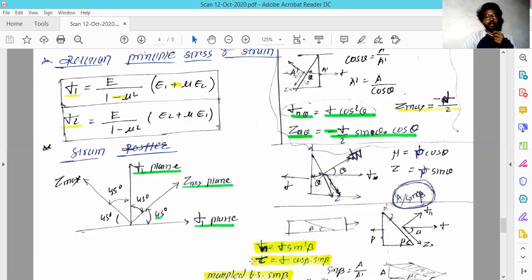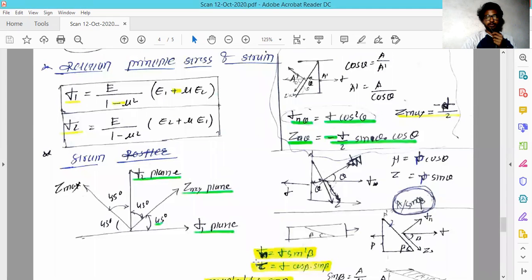So when you apply forces and distribute them, rho is distributed into two, and it has an angle beta with respect to shear stresses.